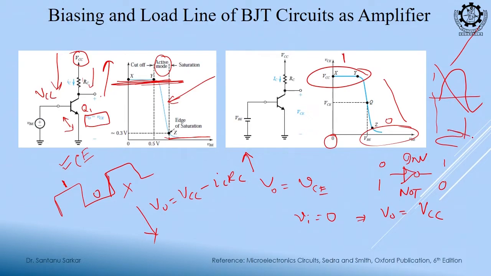The moment it crosses this, what will happen? It will get clipped. So, let us discuss what regions they are. Input is 0, base-emitter is less than 0.7, which mode is it in? Cut off. So, it is cut off.